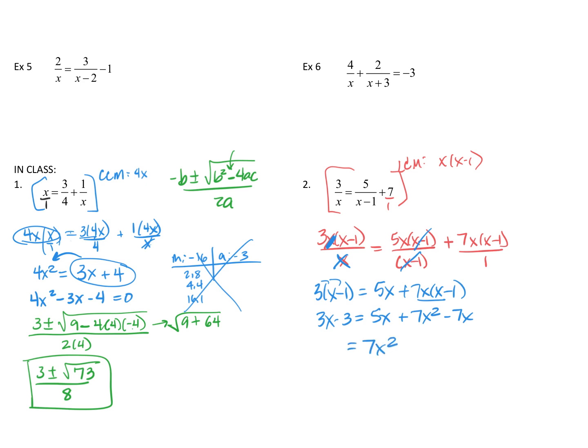So 7x squared. We're going to have to move this 3x over, so it's going to be minus 3x. So what are we going to have? Negative 5x when we combine all those. Negative 7 minus 3 plus 5 leaves me with negative 5. And then the minus 3 over here becomes a plus 3, so it's going to be plus 3.